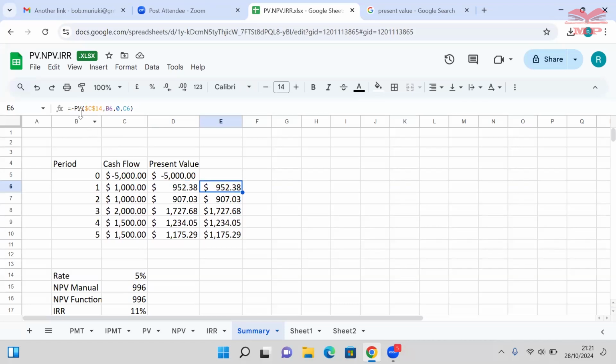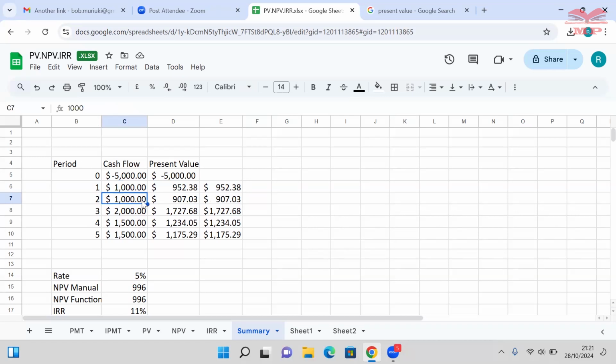This is the normal PV calculation. So I invest that. These are the expected cash flows, and these are the present values. So remember this 1,000, we're estimating to be 1,000 in future. What is the present value, using the present value function, of this 1,000? What is the present value of this other 1,000?